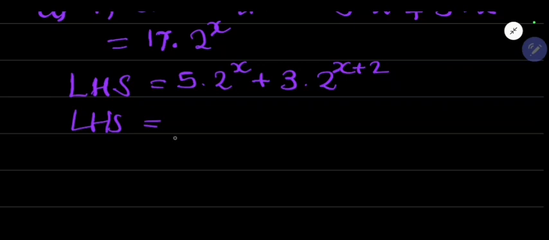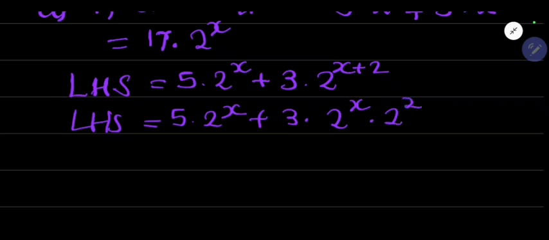Just notice that we can make this one to have a factor of 2 exponent x. So we are going to write it as 2 exponent x and 2 exponent 2. It is the reverse of multiplying the powers of the same base. If you have exponents added, then you can separate them into two of the same base.